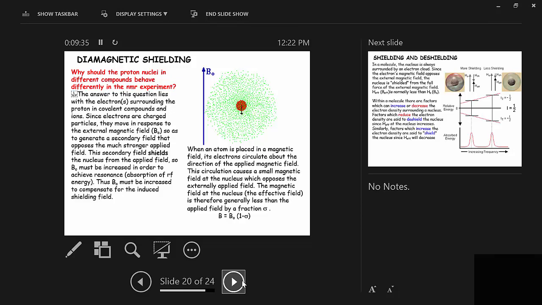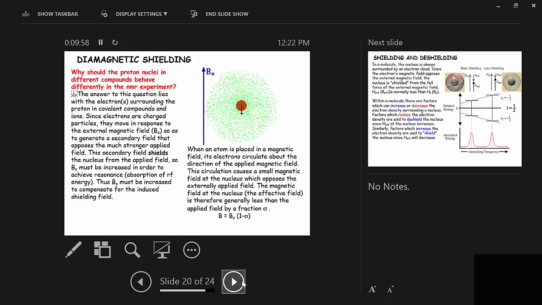The answer lies with the electrons surrounding the proton in covalent compounds and ions. Since electrons are charged particles, they move in response to the external magnetic field, generating a secondary field that opposes the much stronger applied field.